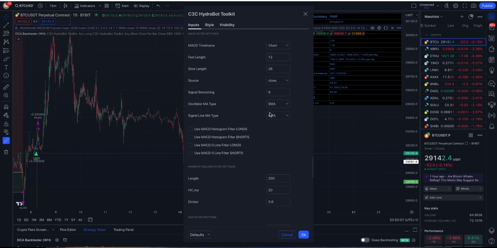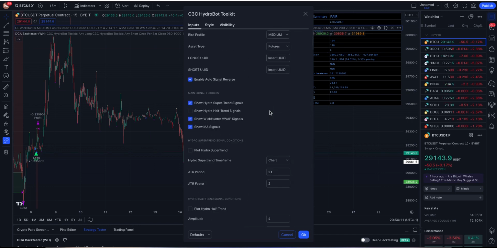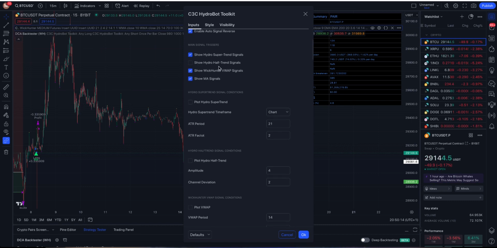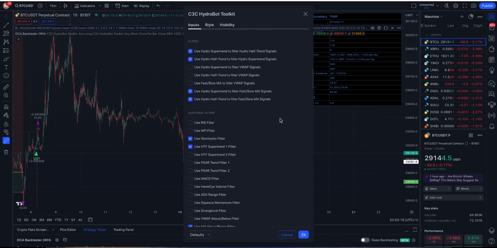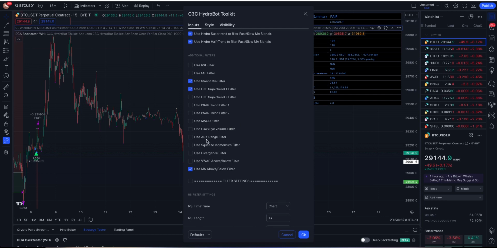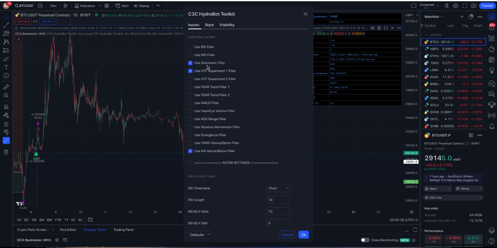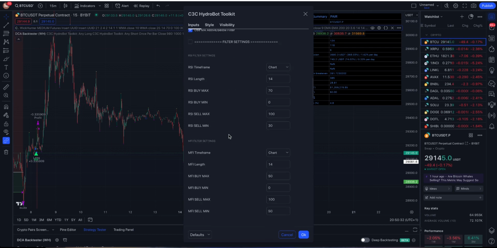If you want to take some pictures, I'll go back to what we've got enabled. So we have turned the half trend signals off on this one. Those are the filters that we've got turned on, and then these are the additional filters. So we've got the stochastic, the high time frame super trend filter, and the MA above and below filter.